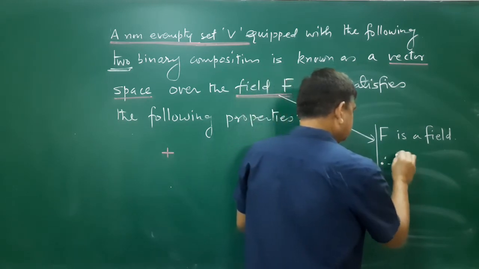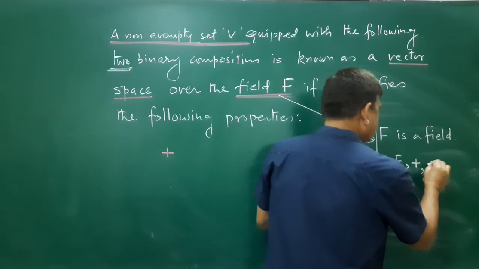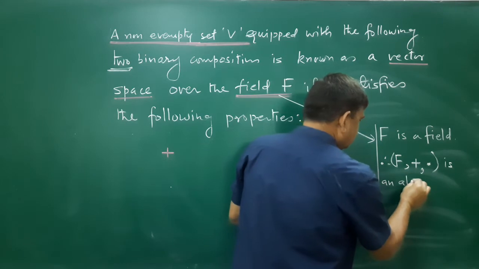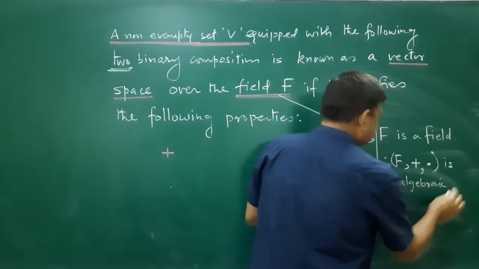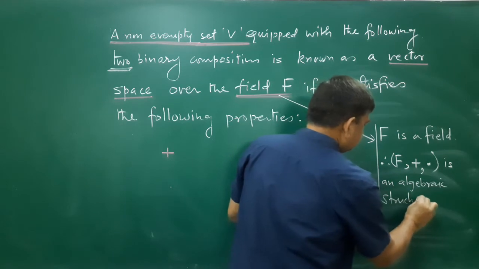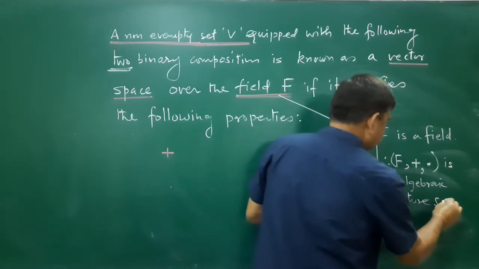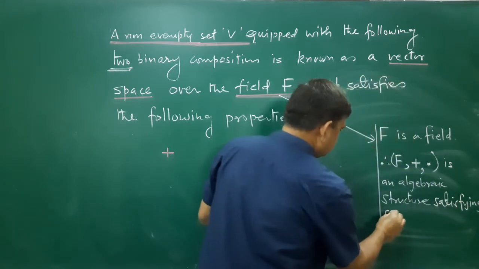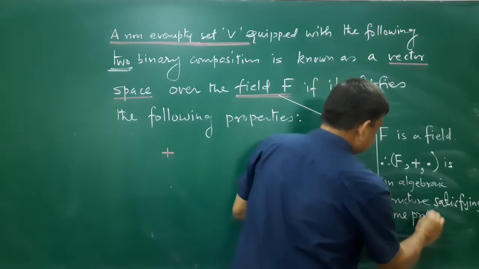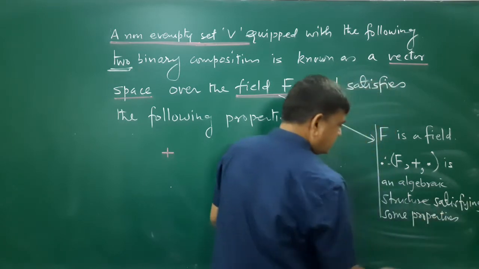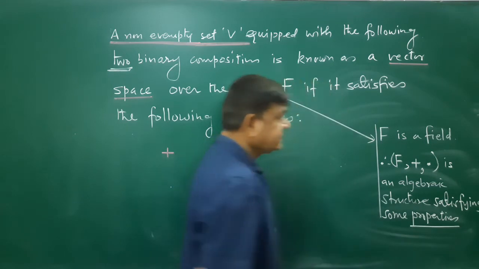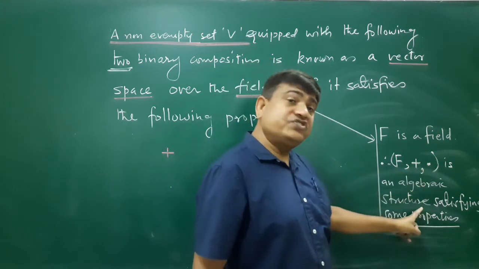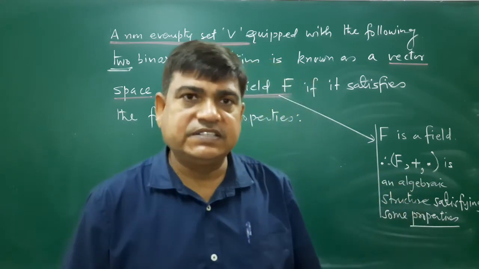Therefore, it is an algebraic structure satisfying some properties. This is a field, means this is an algebraic structure satisfying 11 properties.